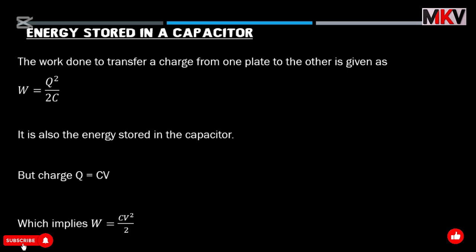That is the energy stored in a capacitor. Now, we know that Q is equal to CV. So we can do our substitution, having W equals CV squared over 2. So we take note of that.